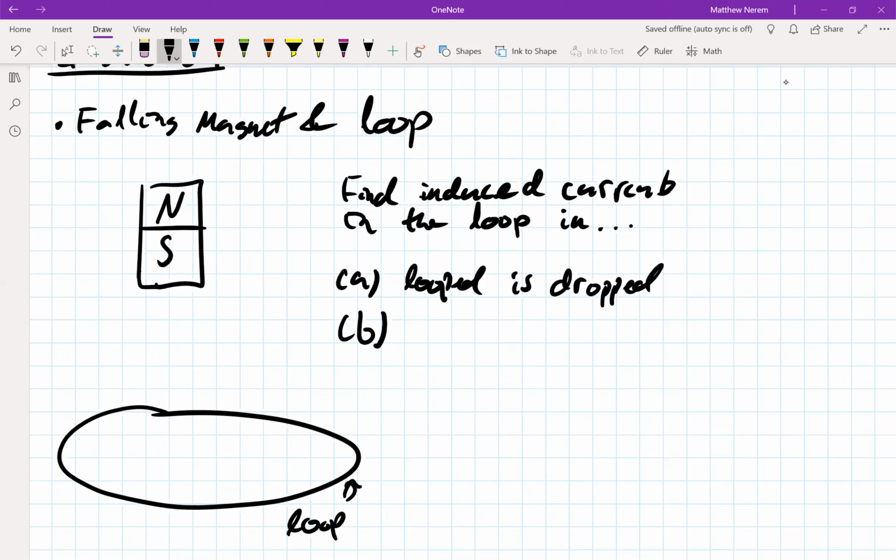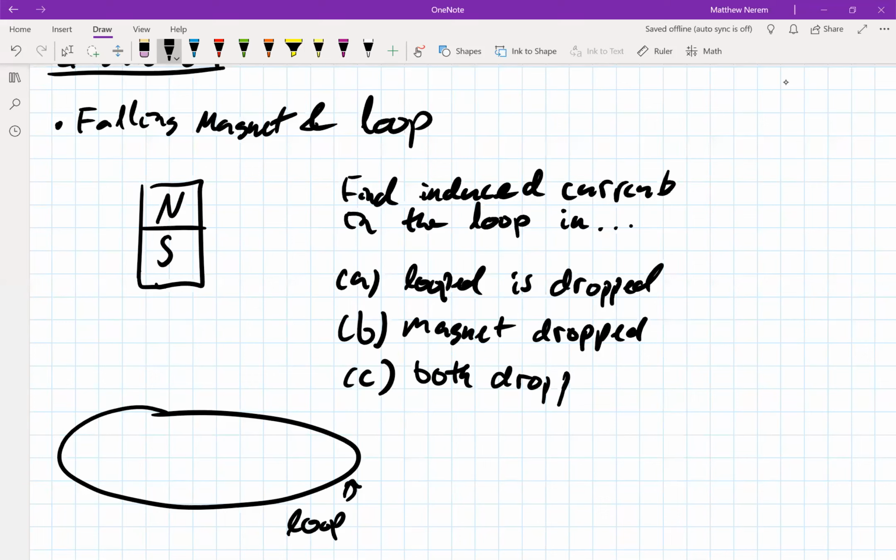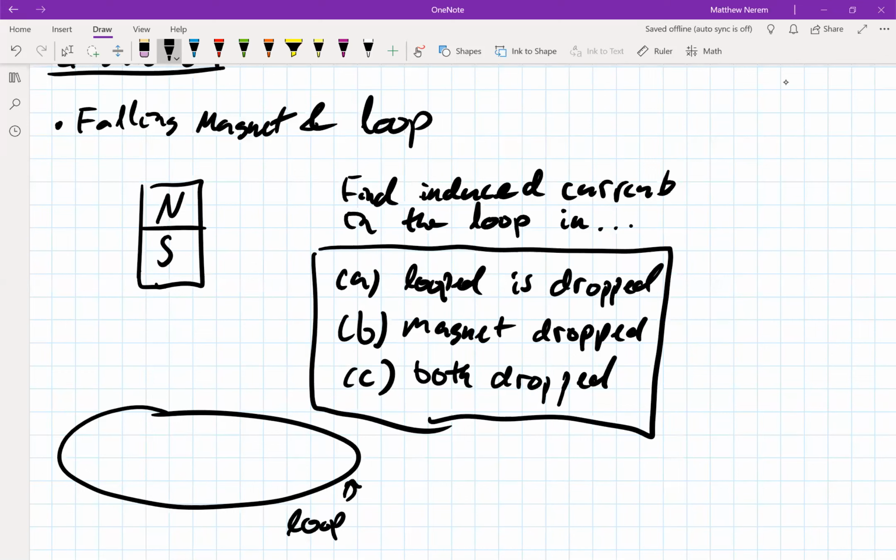Case two, the magnet's dropped. In case three, both are dropped. So that's going to be our setup. One of these things will be falling, or both of them. And then we're going to say, well, what's the induced currents in the loop?